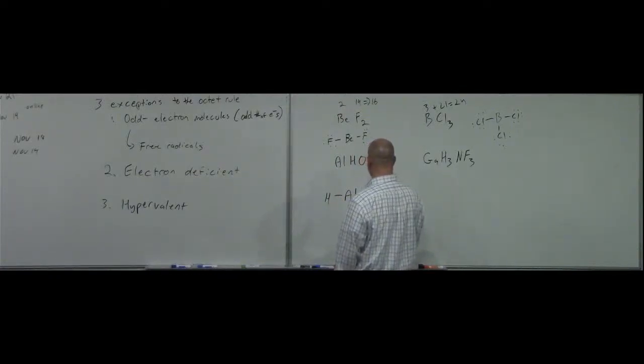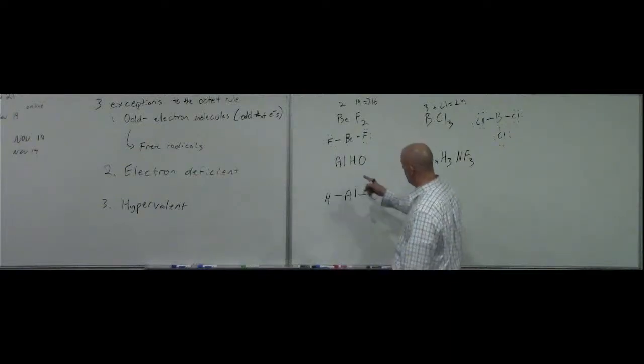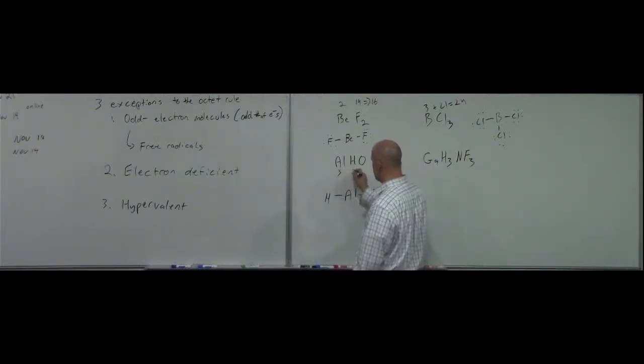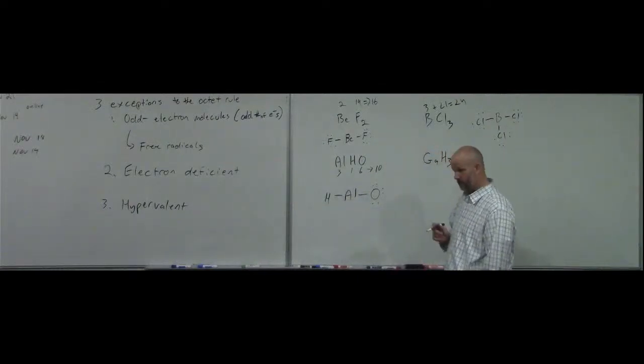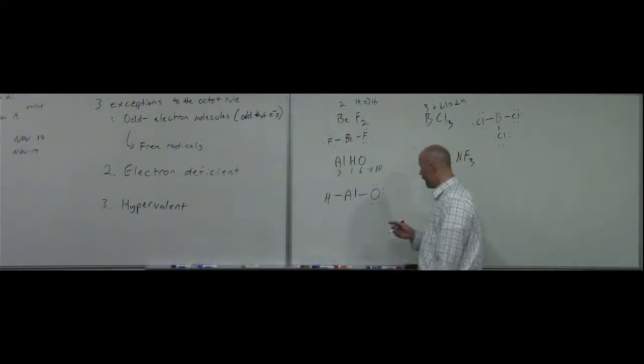Okay. Good. So aluminum has 3, hydrogen has 1, oxygen has 6, so that's 10, right? Okay, so right now I have 1, 2, 3, 4, 5, 6, 7, 8, 9, 10. Okay, good.